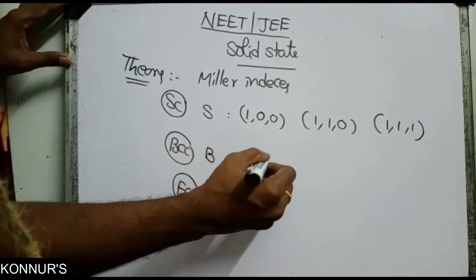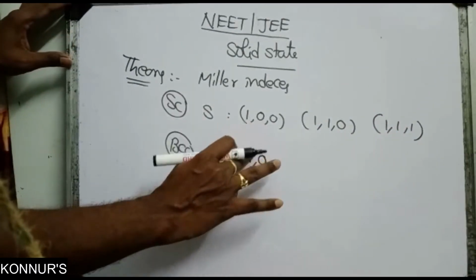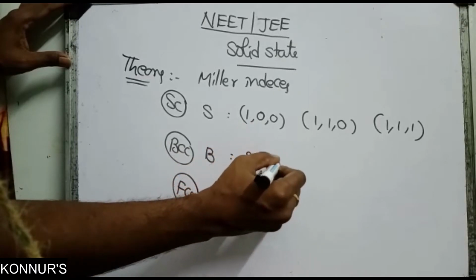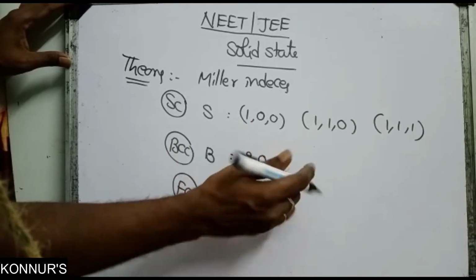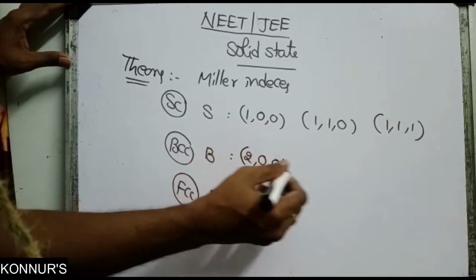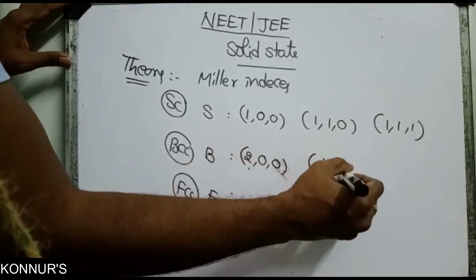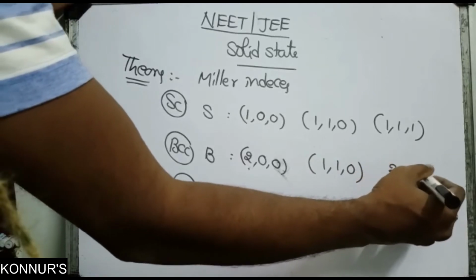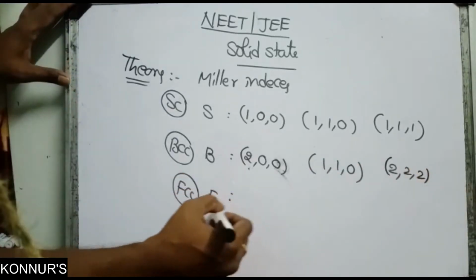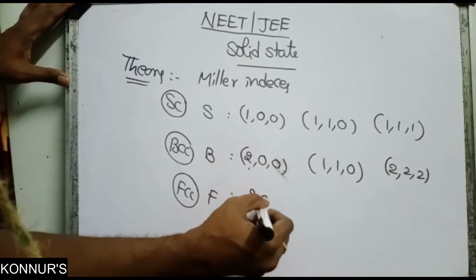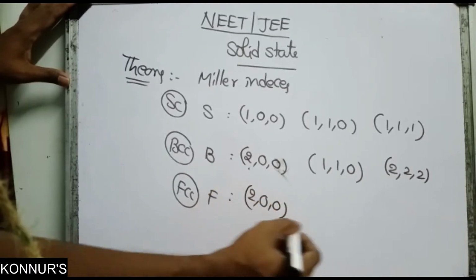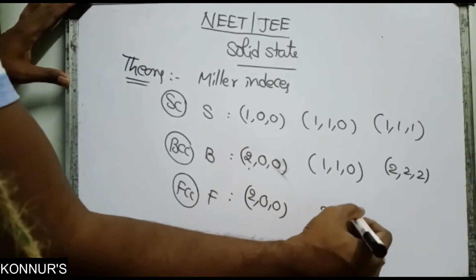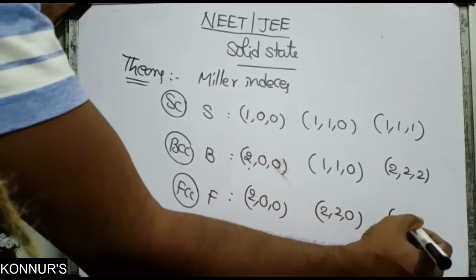Next BCC: you take 200, next 110, next 222. For FCC, that is 200, 220, 111.